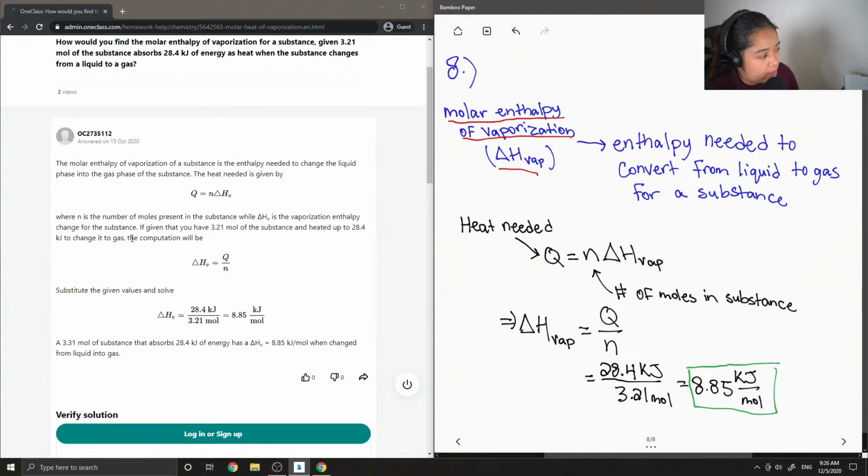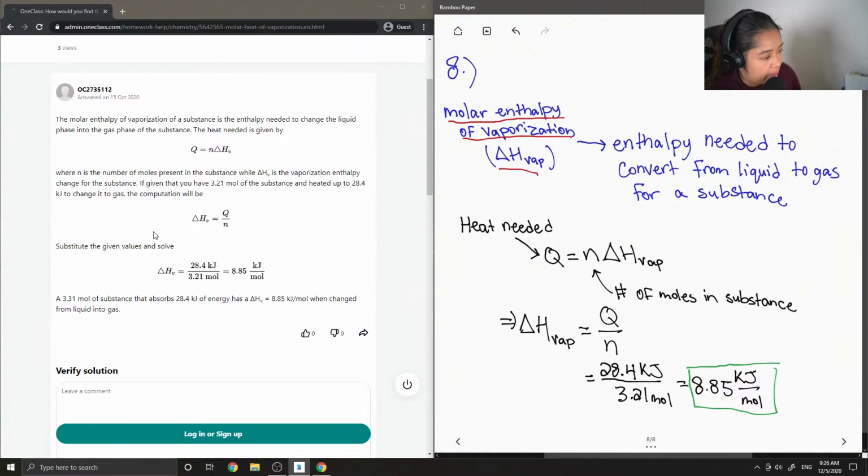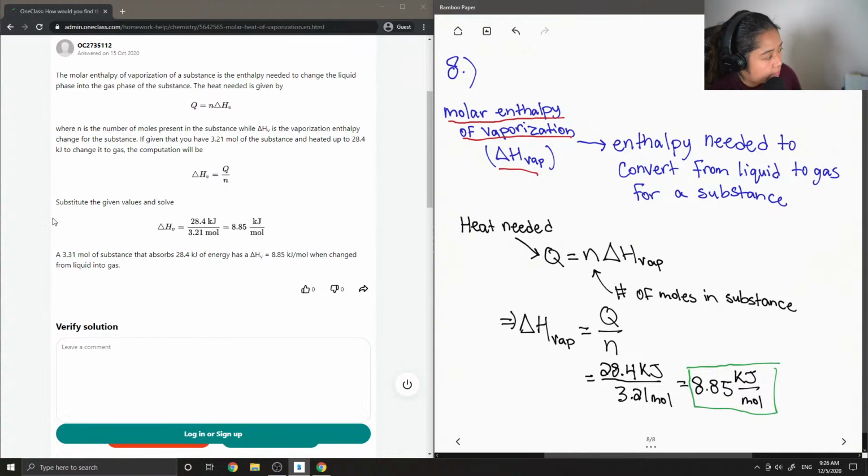Given 3.21 moles of the substance and 28.4 kilojoules of heat to change it to a gas, delta H is equal to Q divided by n.